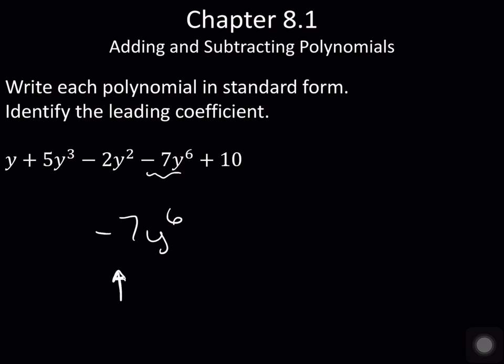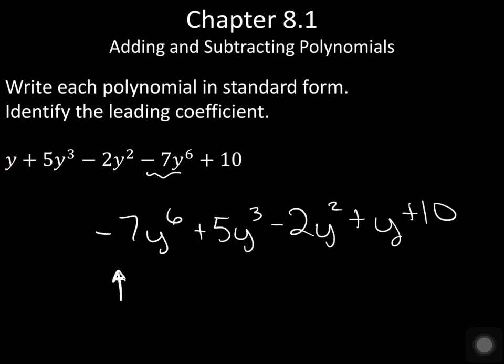So the next one would be the positive 5y cubed, the negative 2y squared, the positive 1y. We don't see that positive 1, but there is a positive 1 in front of y right there. And then we have plus 10. Now let's make sure we're not missing anything. 1, 2, 3, 4, 5 terms. 1, 2, 3, 4, 5 terms. So they're all there.